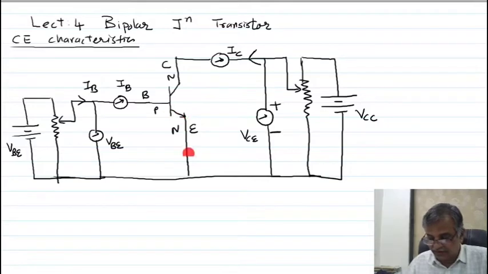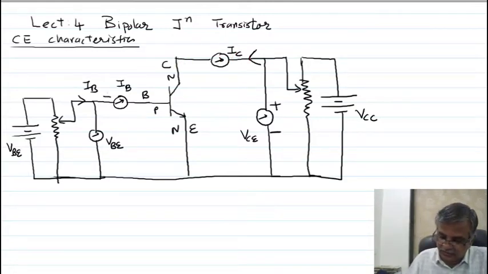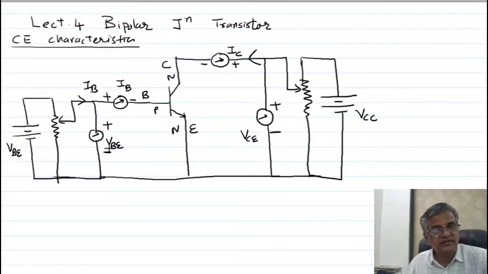If the emitter current is outward, as I explained in a previous lecture, then the two currents, collector current and base current, should flow in the inward direction. Because already we have seen this is the inward direction, this is the inward direction. So I can write this is your plus terminal, minus terminal, this is your plus terminal and minus terminal. This voltage has a plus sign, and here a minus sign.